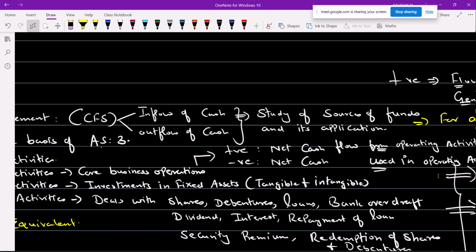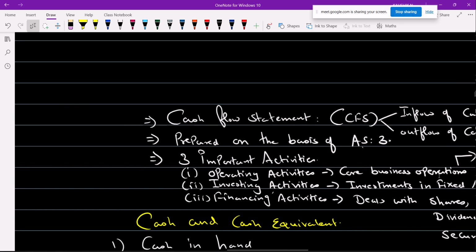It is only optional for sole proprietorship and partnership concerns.